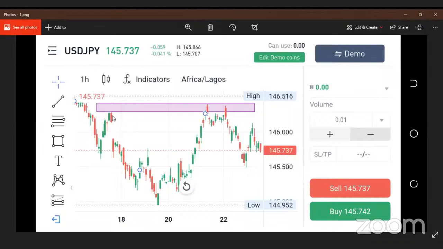Whenever you see red in the market, it signifies a downtrend. Then when you see the green candles, they signify an uptrend.